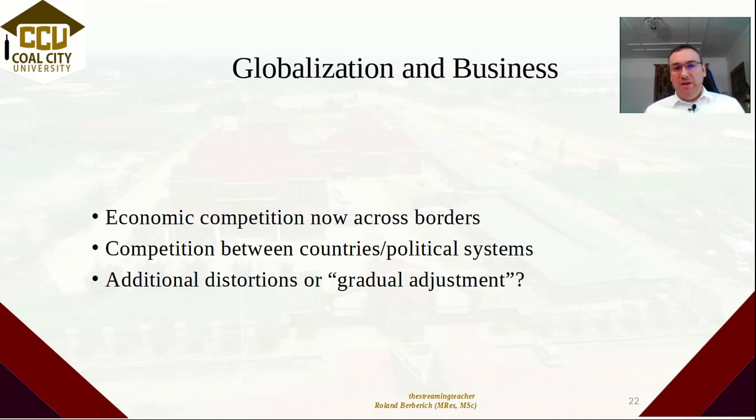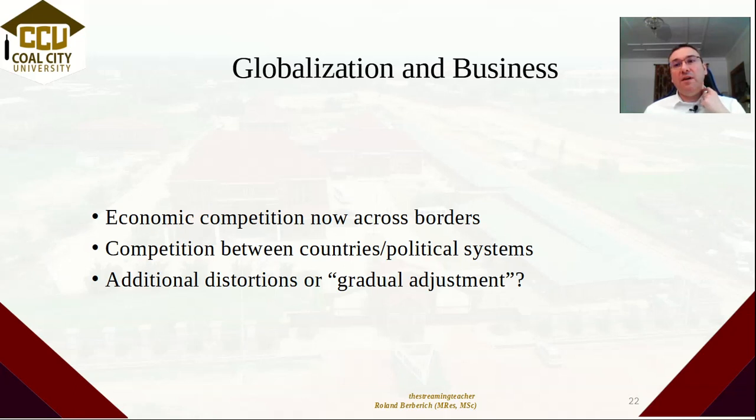So what are we doing about it? Are we adding additional distortions? Are we allowing for gradual adjustment? Or are we coming down hard and saying free trade now, which will disadvantage a lot of people in both countries?